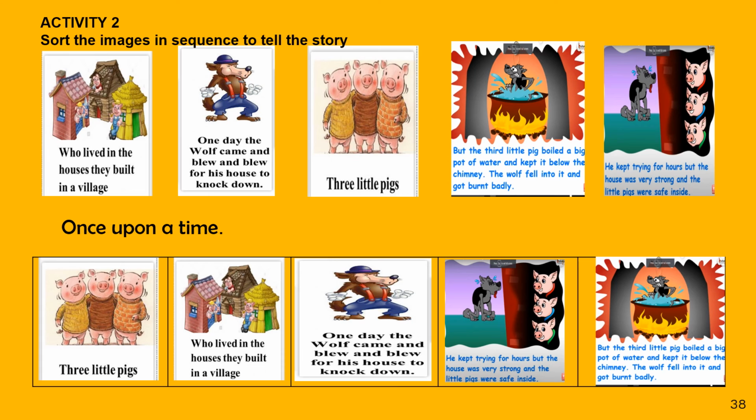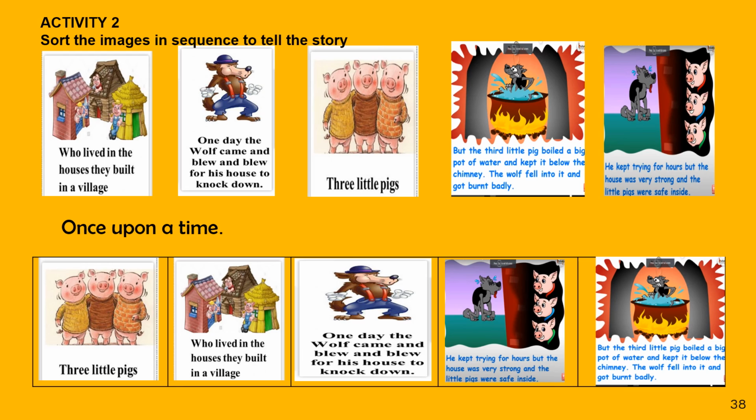Once upon a time, there were three little pigs who lived in the houses they built in a village. One day, the wolf came and blew their house to knock down. But then, he kept trying for hours, but the house was very strong and the three little pigs were safe inside.